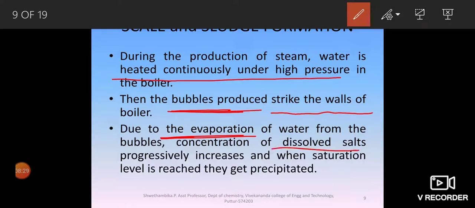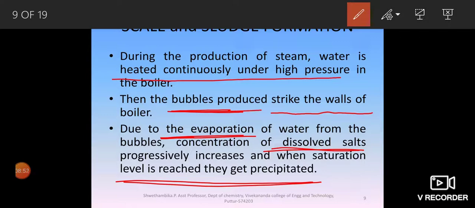So the dissolved salt, if any salt by chance is present in water, its concentration would be continuously increasing on the walls of the boiler, and when the saturation level is reached, they would be undergoing precipitation.